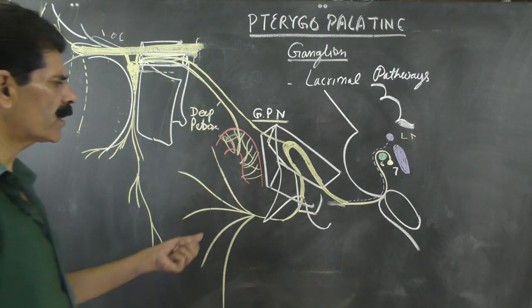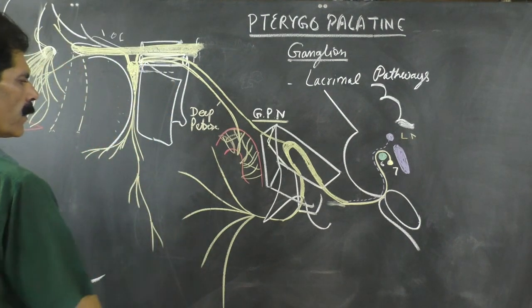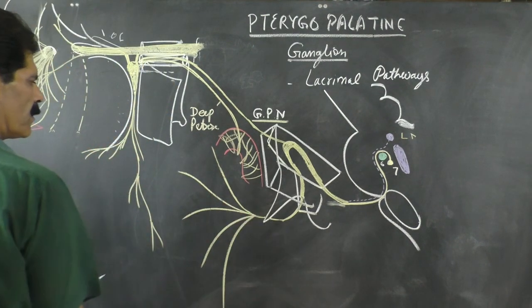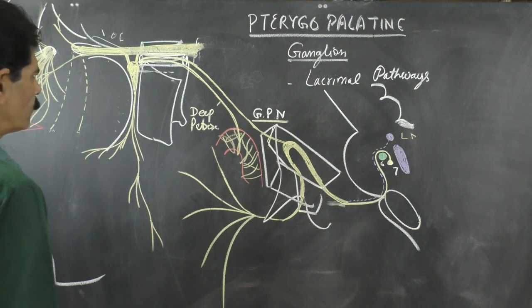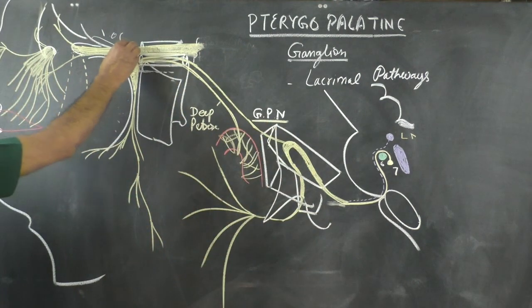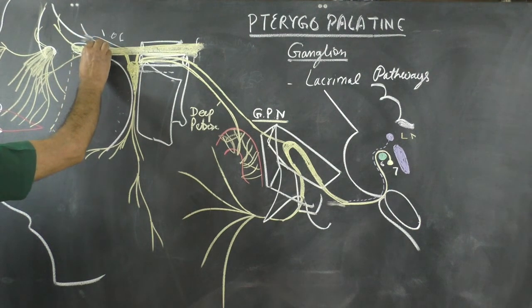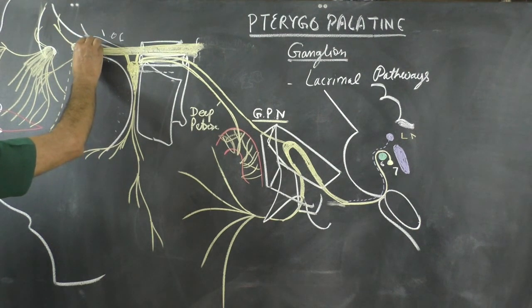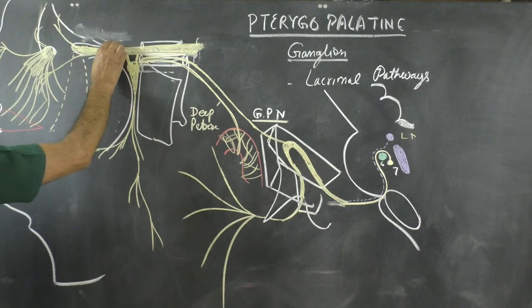Now the facial nerve, as we know, goes its course to supply the muscles of the face. At the same time, the maxillary nerve in the face has the sensations supplied by two branches.